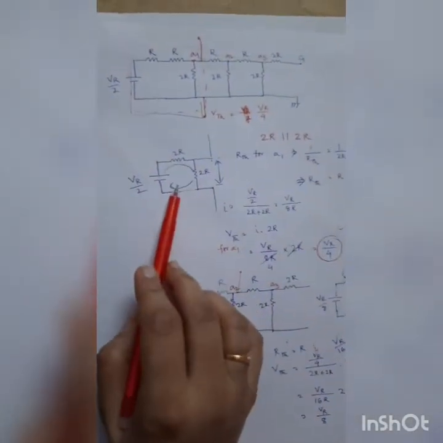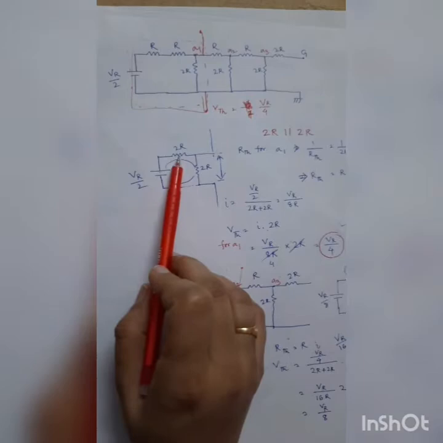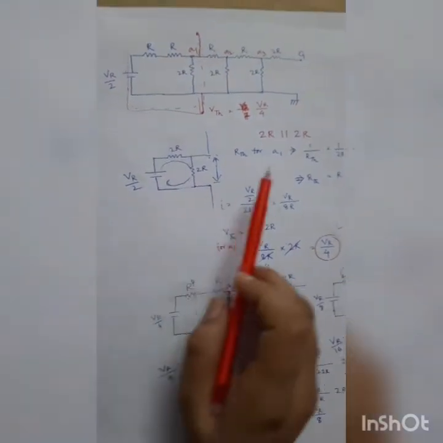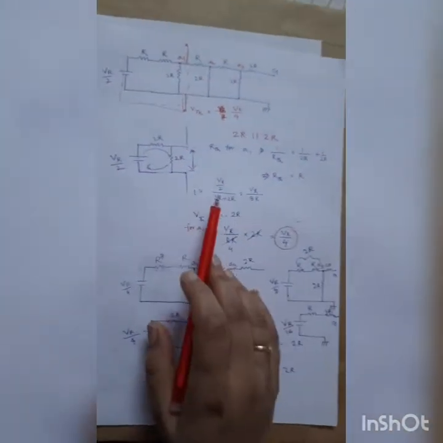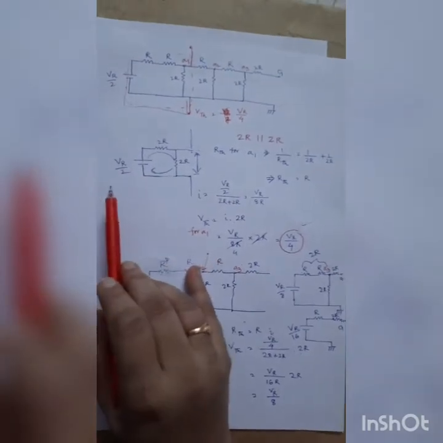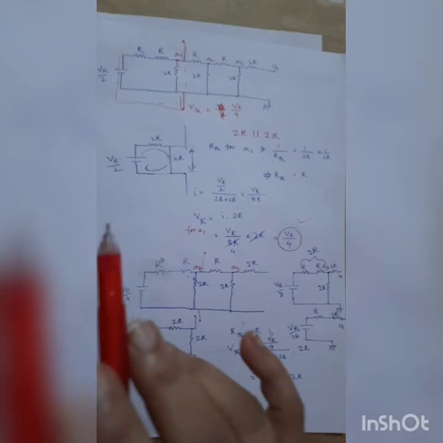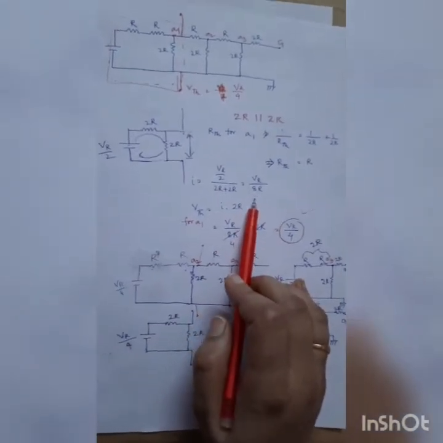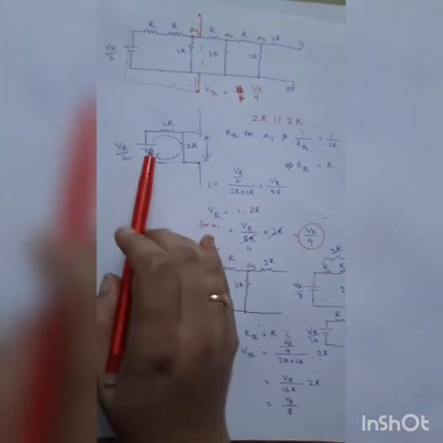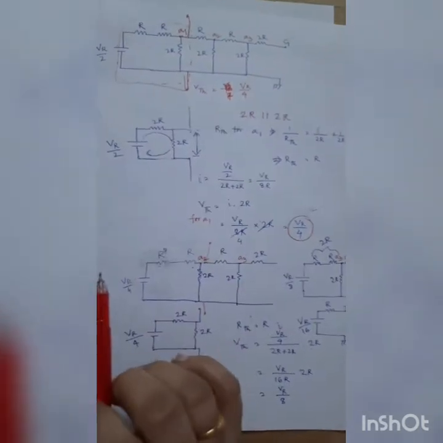So how much resistance will it face? 2R plus 2R, that is 4R. So I will be VR by 2 by 4R. In total it will be VR by 8R, the current flowing in this path.